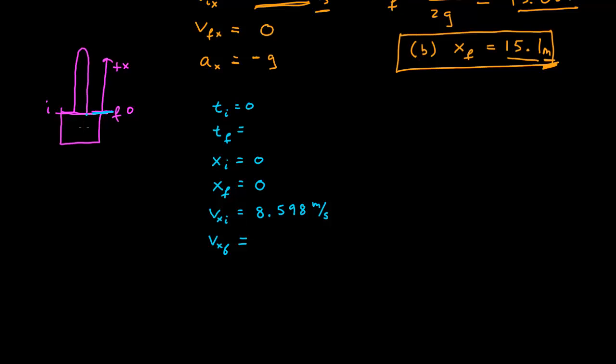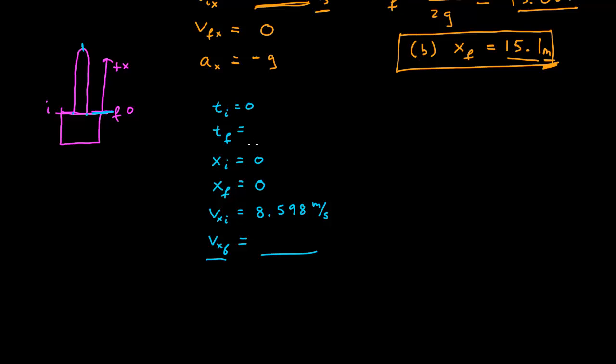Now, I happen to know, and maybe I've already proven this to myself, that this sort of trajectory is symmetric about the top, that the magnitude of the velocity when it crosses the window, the same position, is in fact the same magnitude as the velocity that it started with, just going in the opposite direction. But maybe I don't know that. Maybe I'll just leave that blank for now.